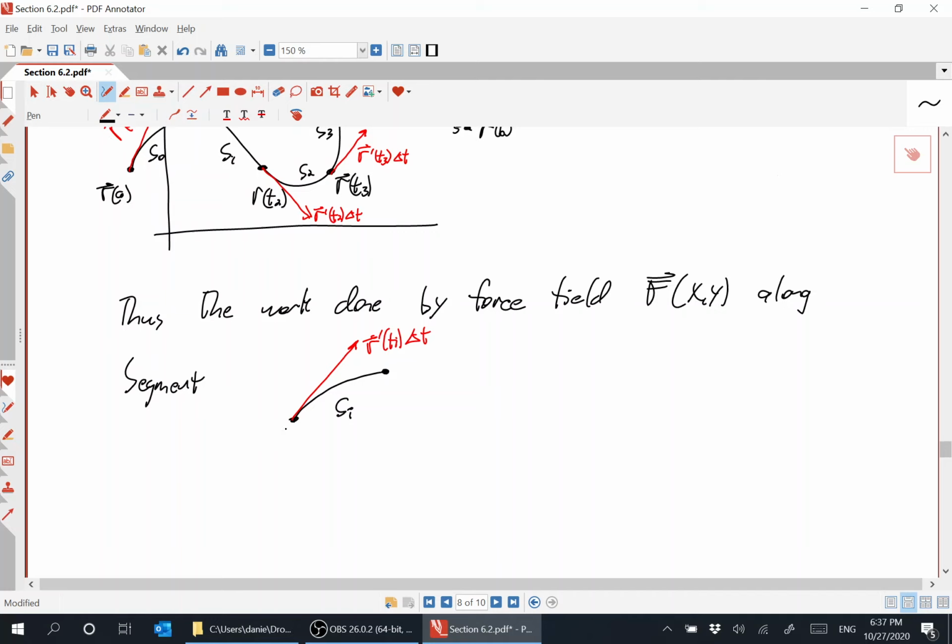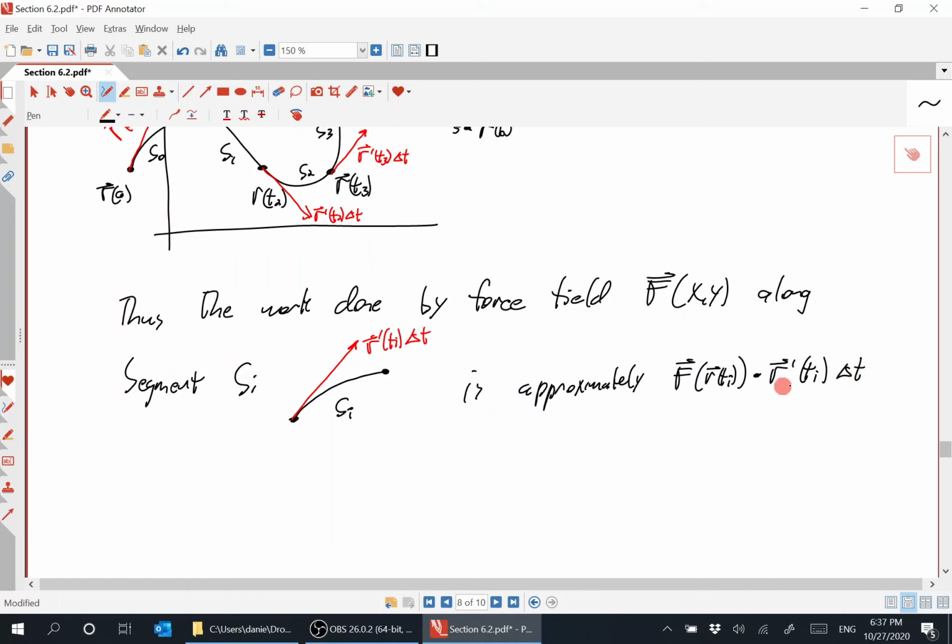So the work done along segment S_i is approximately F of r of t_i dot, it's a dot product, r prime t_i delta t.